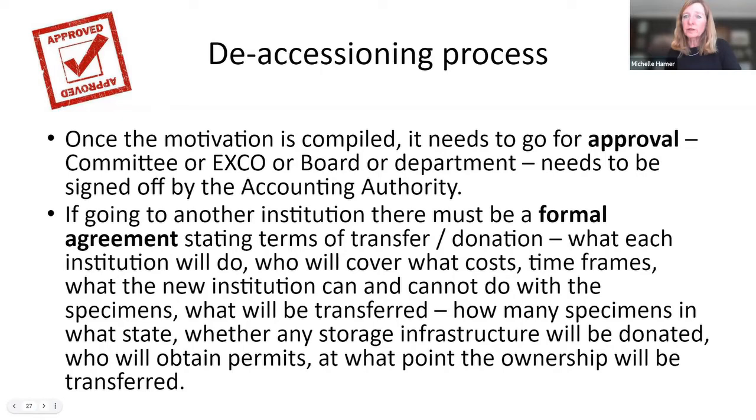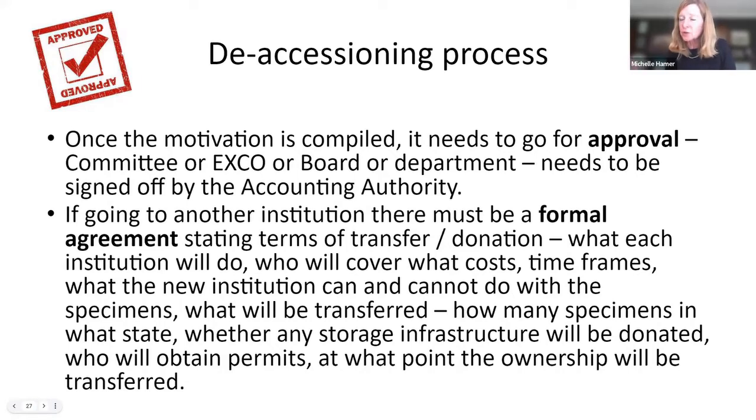You say what each institution will do, the one donating and the one receiving, who's responsible for what, who will cover what costs, how long this is going to take, what the new institution can and can't do with the specimens, what will be transferred, so how many specimens, what their state is, and if you're going to be sending any of the storage infrastructure as well.